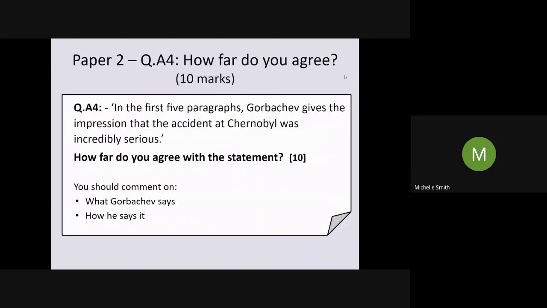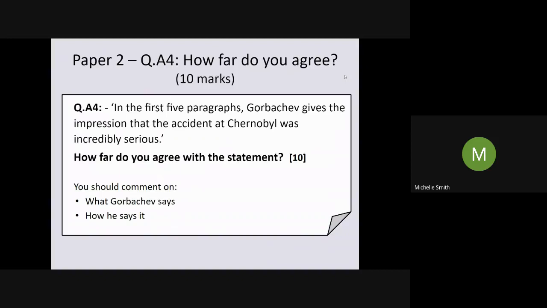In the first 5 paragraphs, Gorbachev gives the impression that the accident at Chernobyl was incredibly serious. How far do you agree with the statement? You should comment on what Gorbachev says and how he says it. Okay, so remember, it's not saying, do we think it was serious?